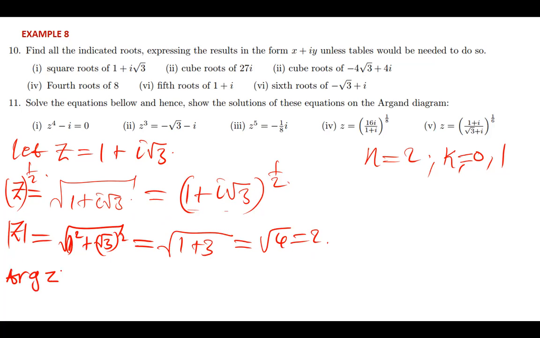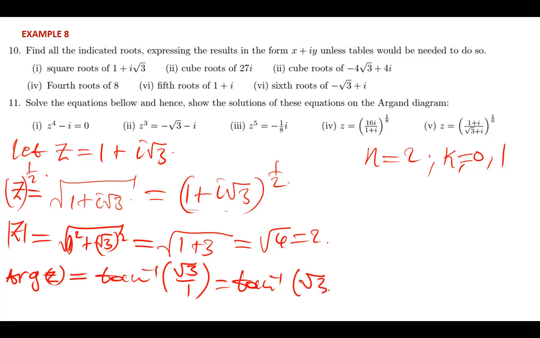The argument of z will be equal to tan inverse of the root of 3 over 1, which is the same as tan inverse of the root of 3, which is simply 60 degrees.